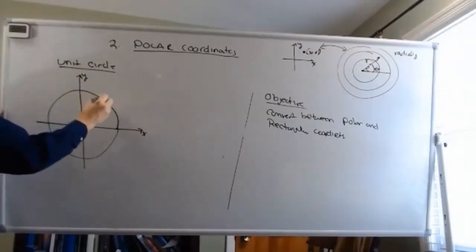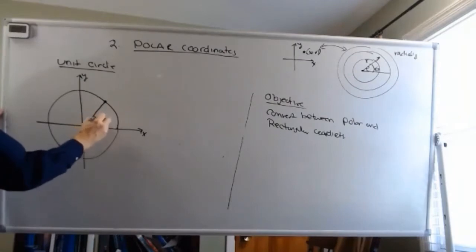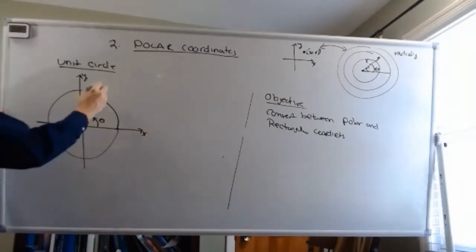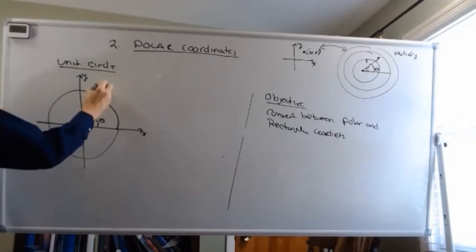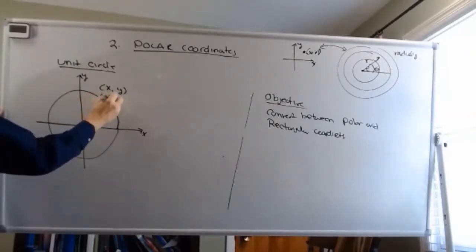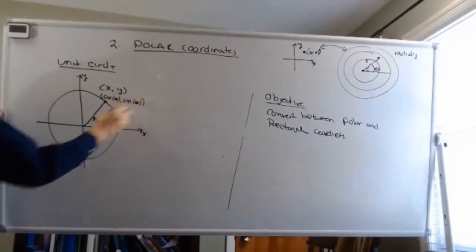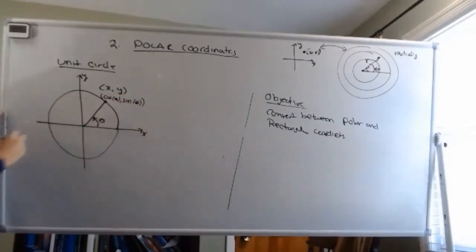And pick any point on that unit circle. And we gave that in terms of this angle theta. And the x-coordinate, this is the point, I'll put two coordinates, x comma y. And we also said that for the unit circle, it was just cosine theta comma sine theta. And that's how we identified that point.